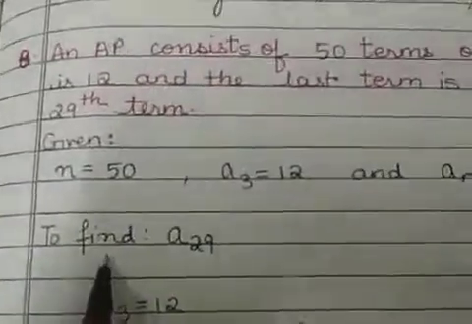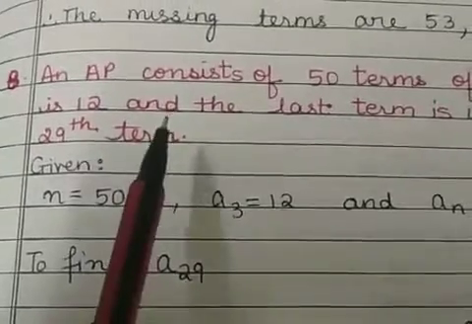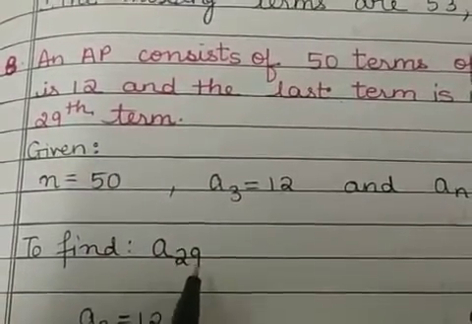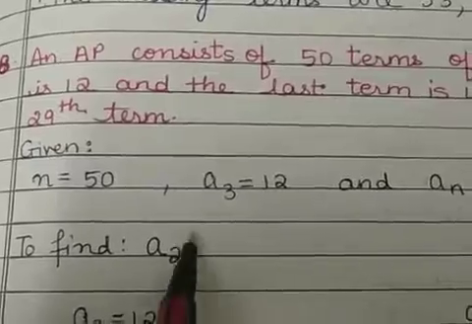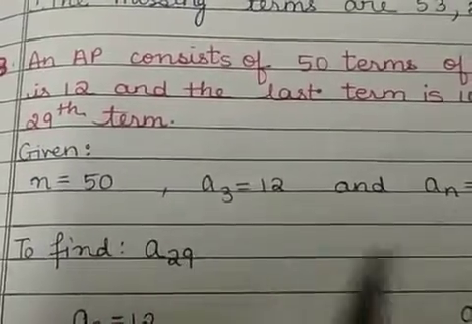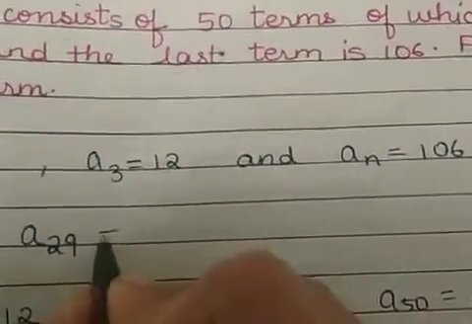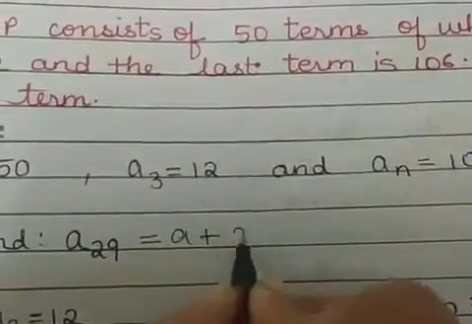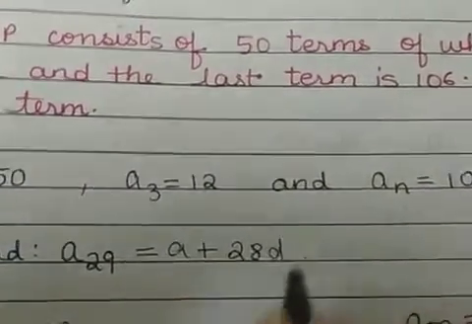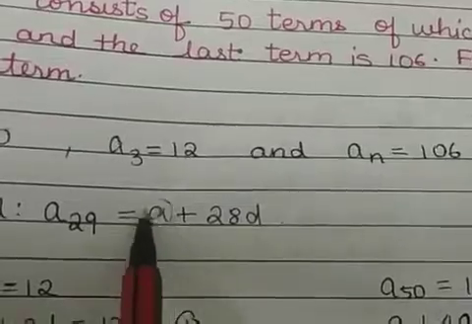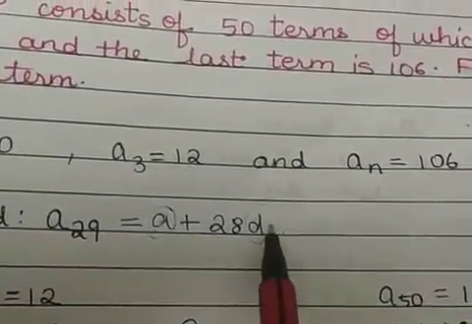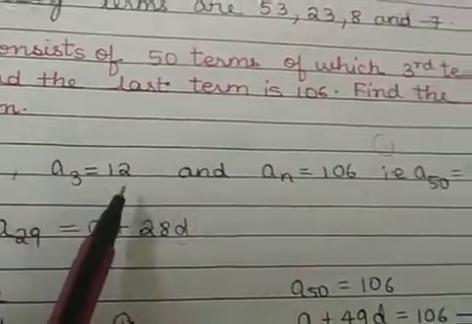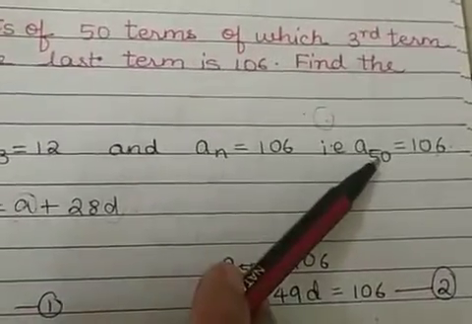Now what do you have to find? You have to find the 29th term. So that is A29. So to find the 29th term, what is the formula for A29? It is A plus 28D. Okay. So you have to know what is A and what is D. Now only information that is given to you is A3 and A50.